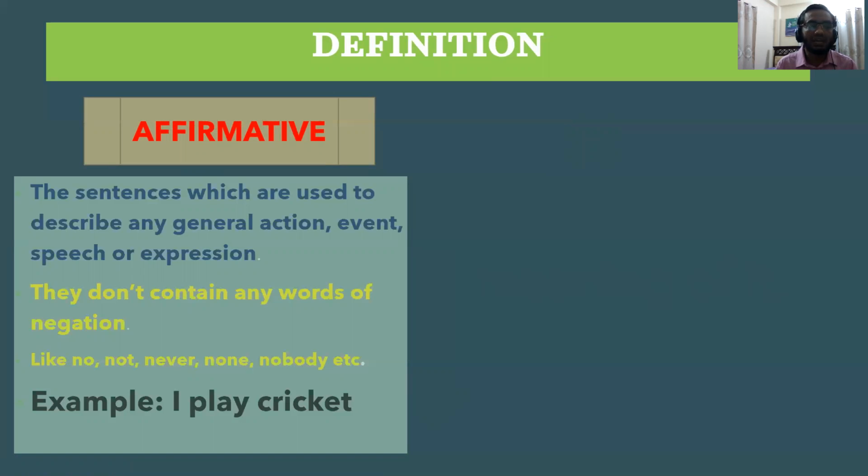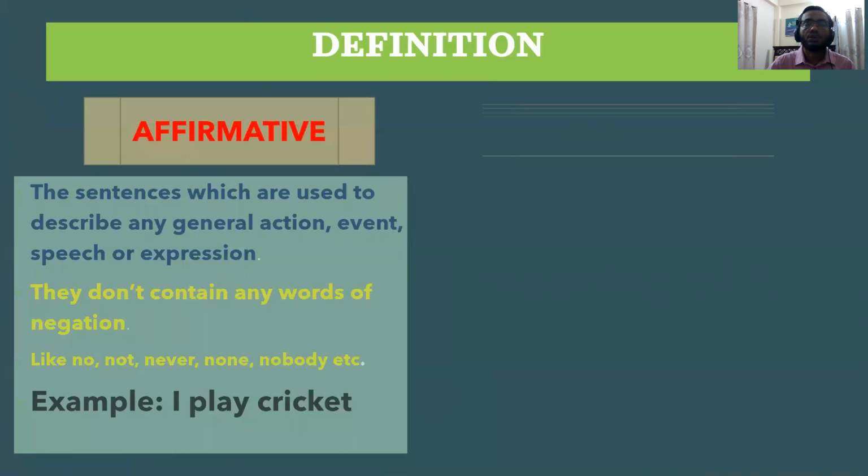And they don't contain any words of negation like no, not, never, none, nobody, etc. Now I am giving you an example. I play cricket. This is an affirmative sentence. Okay, are you clear now?